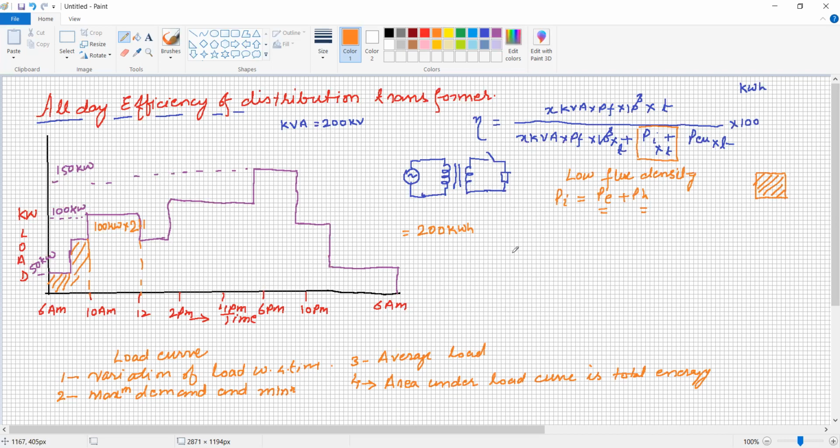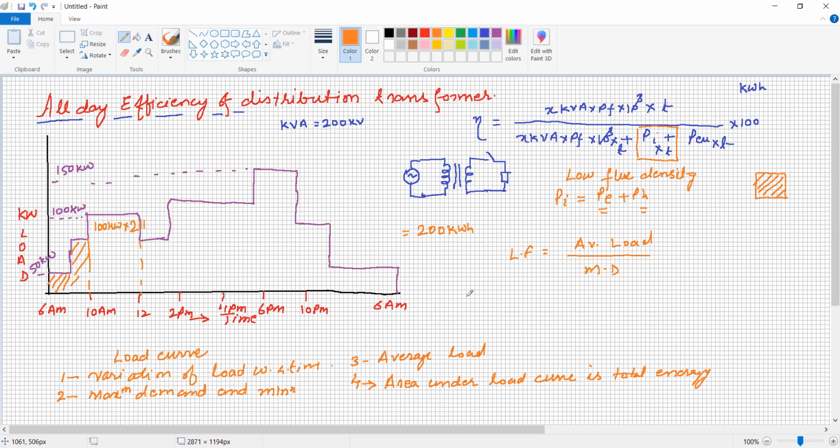Then we can calculate the load factor. Load factor is equal to the average load divided by the maximum demand. If the load factor is very small, it means that the generator or transformer is connected to the load only for a short period of time, and it is not an effective use of the electrical installation or infrastructure.